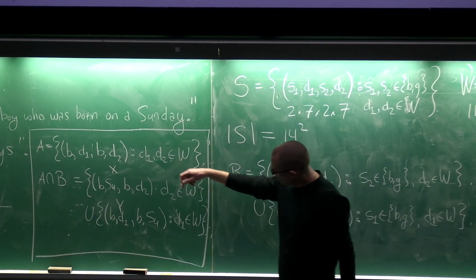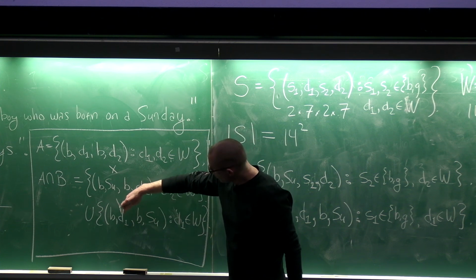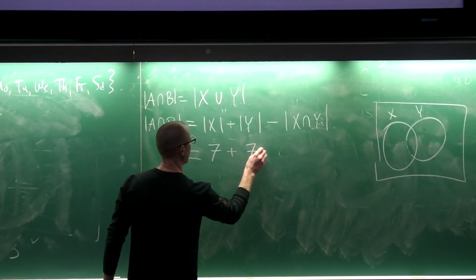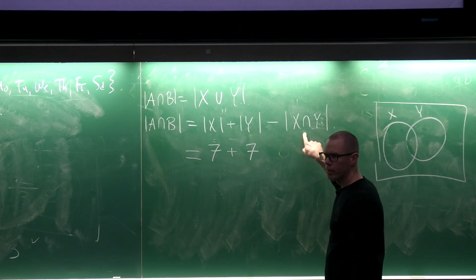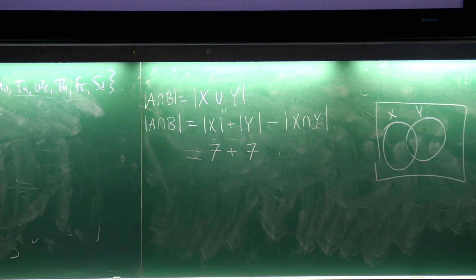What's Y? A boy born on some day of the week. There's 7 choices for that. And then the other one is a boy born on a Sunday. So that's only 7 things. What's X intersect Y? 1. X intersect Y is when you have the first child is a boy born on a Sunday, and the second child is a boy born on a Sunday.